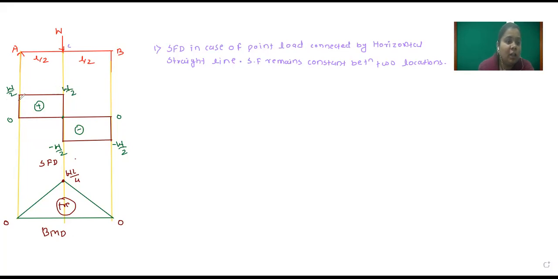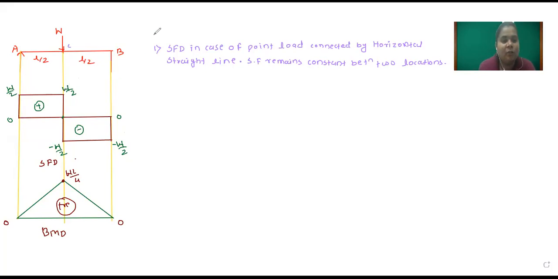You observe here shear force from A to C is constant, then from C to B is constant. That means whenever we draw a shear force diagram in case of point load, it will be connected by horizontal straight lines and shear force remains constant between 2 points. So this is observation number 1.